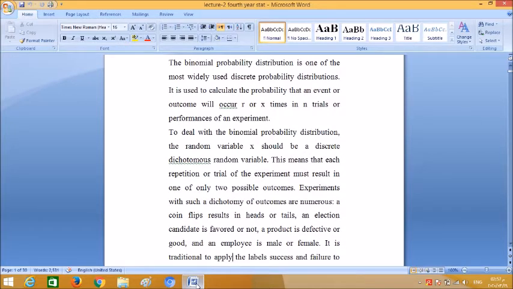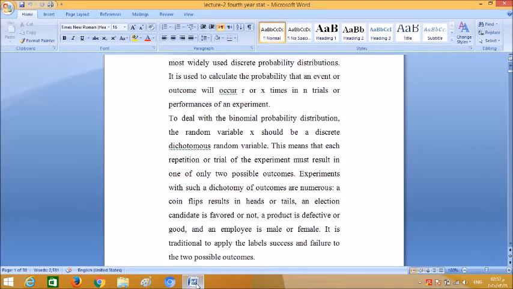It's traditional to apply the labels success and failure to the two possible outcomes. So in the binomial distribution, we have two cases, success and failure, as we said before.